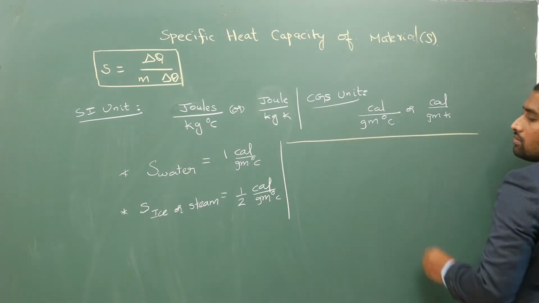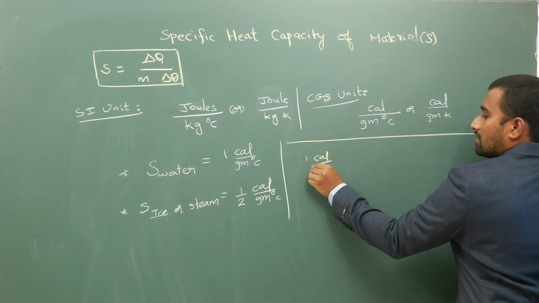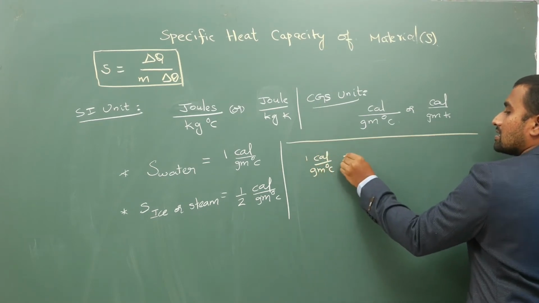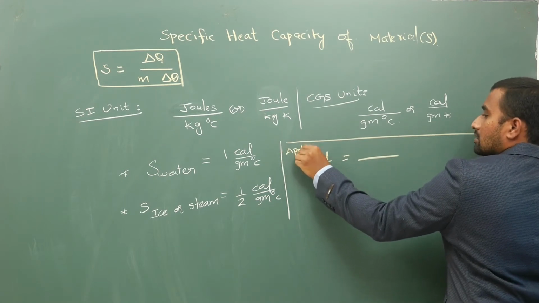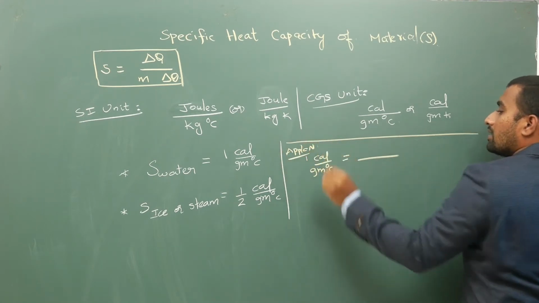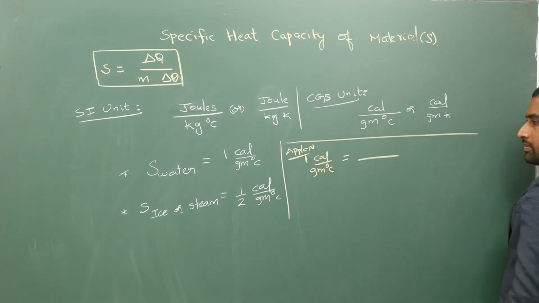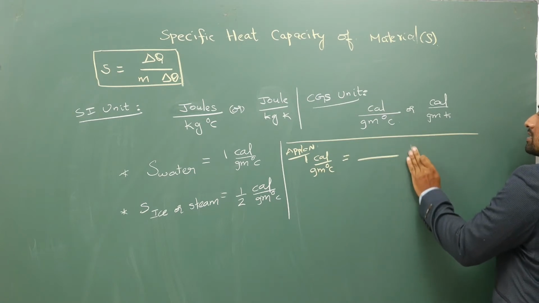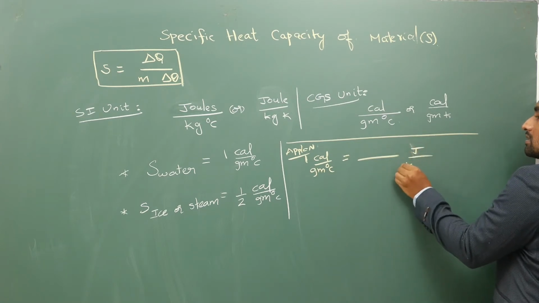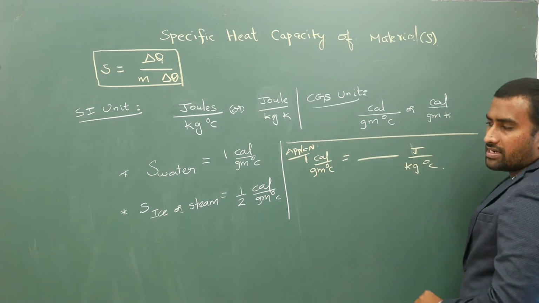Now, you can take it as a small application. 1 calorie per gram degree centigrade is equal to how much in SI units? In the numerator you will have joules, in the denominator you will have kg and degree centigrade or Kelvin, it doesn't matter.